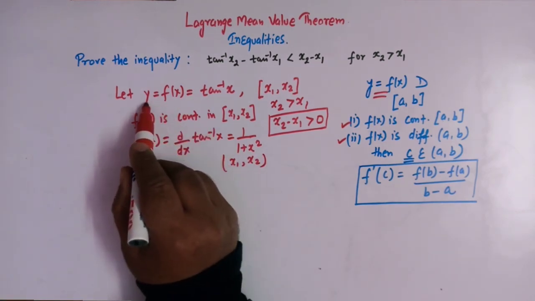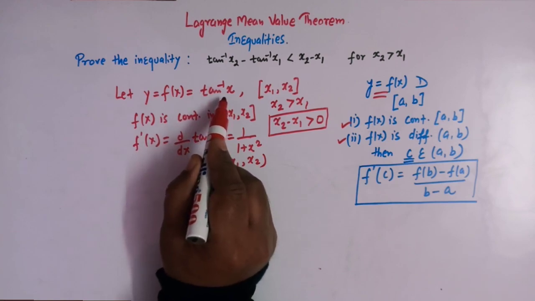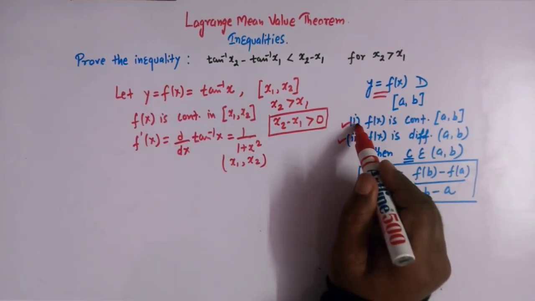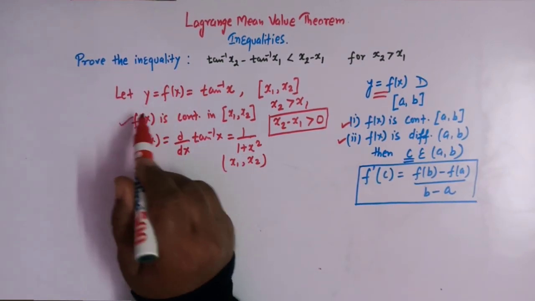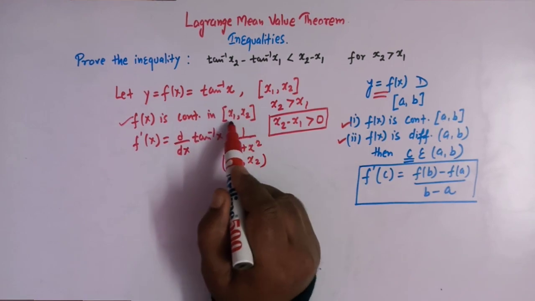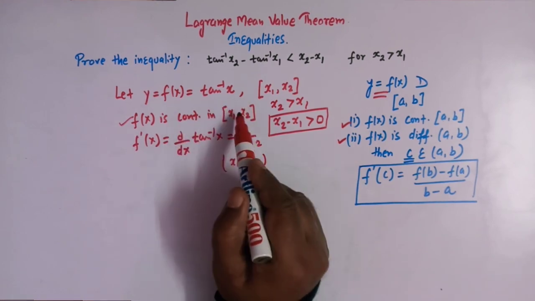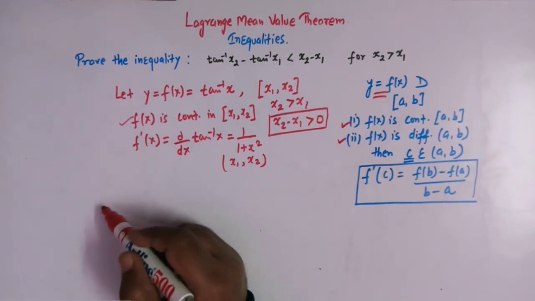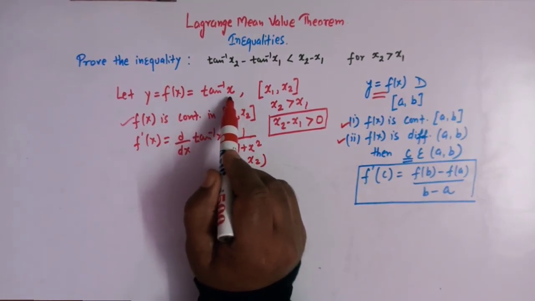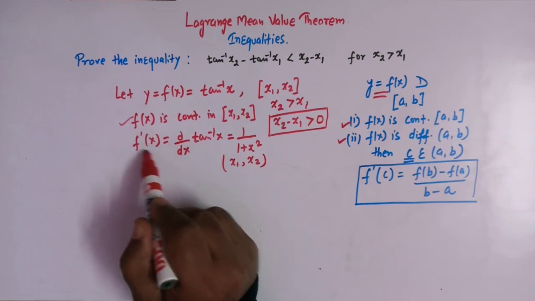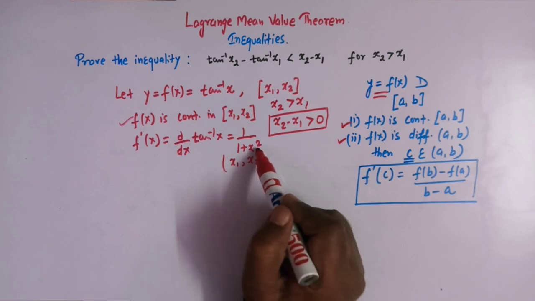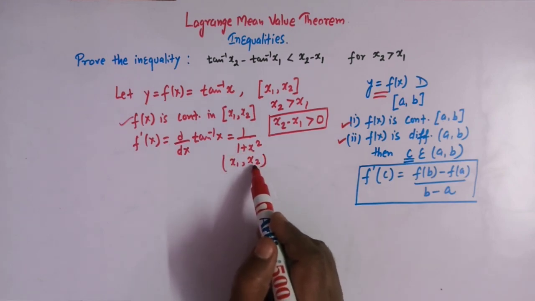So our function y equal to f of x equal to tan inverse x satisfies the two conditions of Lagrange's mean value theorem, that is f of x is continuous in this interval, which may be the principal branch of this function, tan inverse x, and f prime of x is equal to 1 over 1 plus x square, and 1 over 1 plus x square exists or is defined in this interval x1 comma x2.